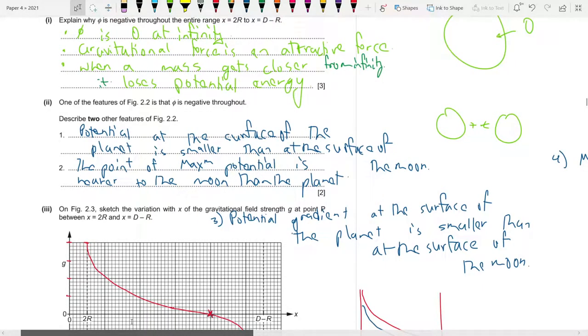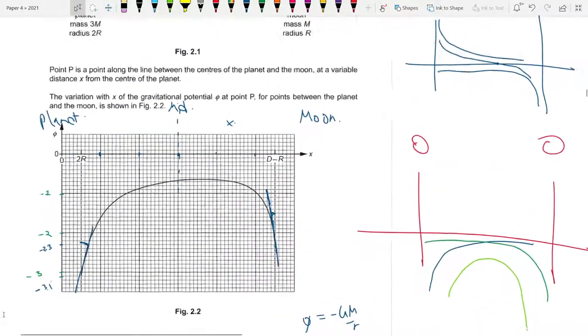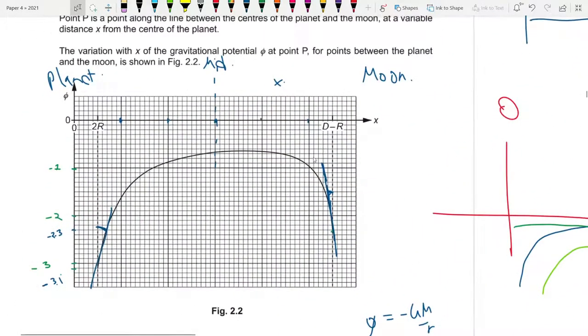And the last one, the point of maximum potential is nearer to the moon than the planet. Check this out. What's the maximum potential at? Around this value, right? This is 0.9, 0.8, 0.7. It's like minus 0.65, between minus 0.6 and minus 0.7. Look at the distance between the planets.